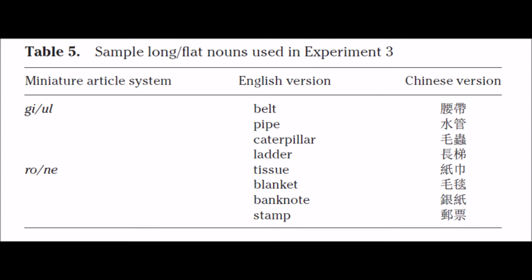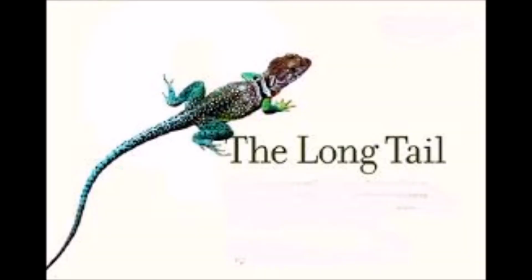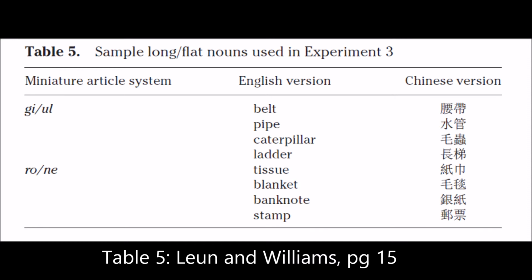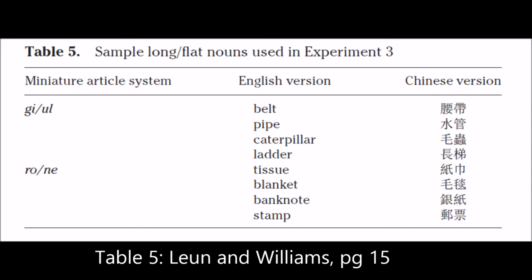The Chinese classifier, zhang, in Cantonese is generally used with flat objects, for example, sheets, paper, photos, blankets, and the counter tiu in Cantonese is generally used with long, thin objects. For example, rivers, straws, ties. Looking at Table 5, you can see a distinction between flat objects and long objects.